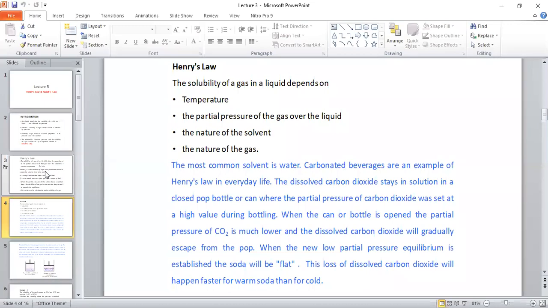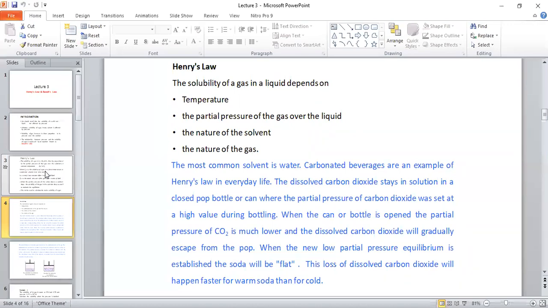So when the can or bottle is opened, the partial pressure of carbon dioxide is much lower, and the dissolved carbon dioxide will gradually escape from the pop.